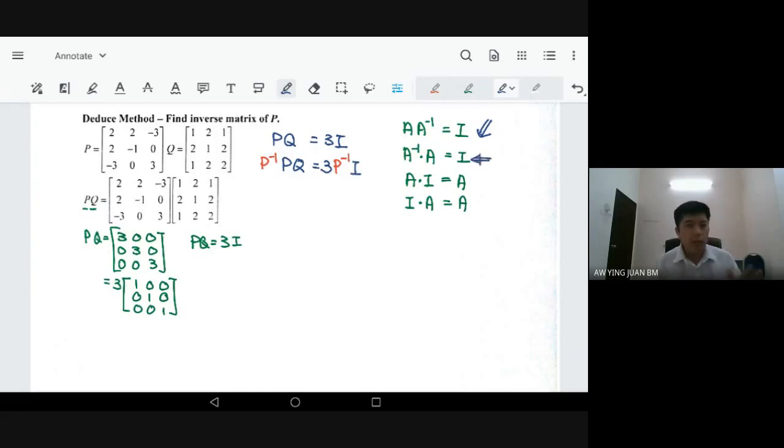Next, kindly refer to this part. We have A inverse multiplied with A, we will obtain the identity matrix.